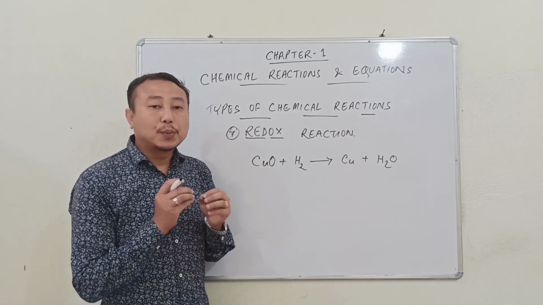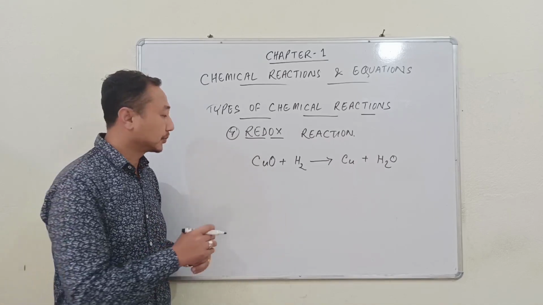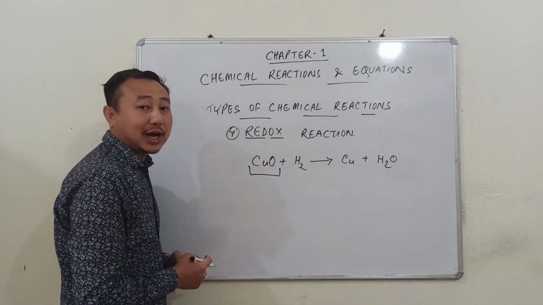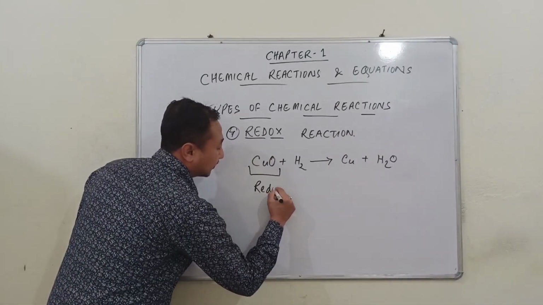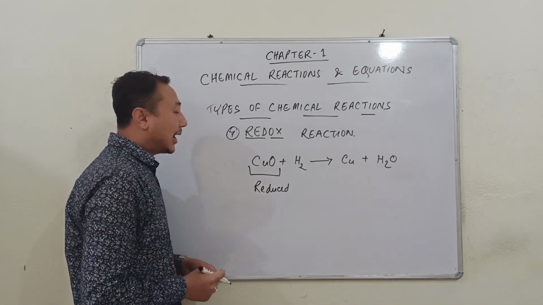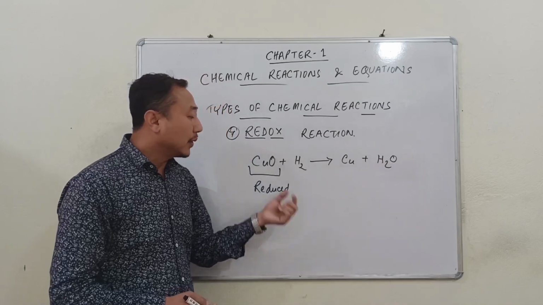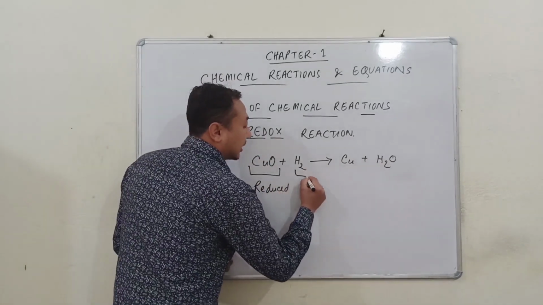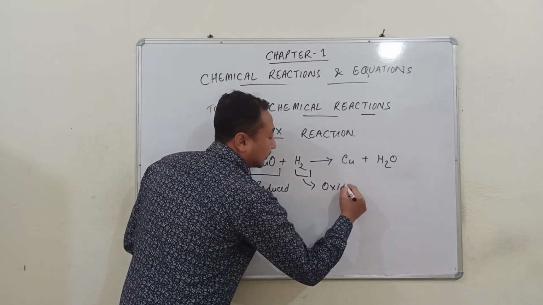Now, let us see which substance gets oxidized and which substance gets reduced. So as oxygen is removed out from copper oxide, we can say that copper oxide gets reduced. And oxygen is added to hydrogen to form water. So the substance to which oxygen is added is this hydrogen. So this hydrogen gets oxidized.